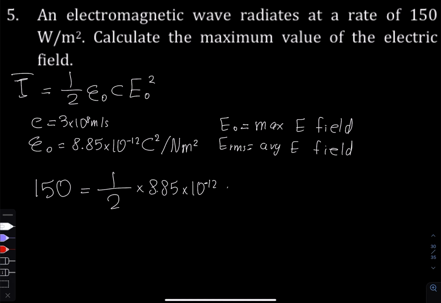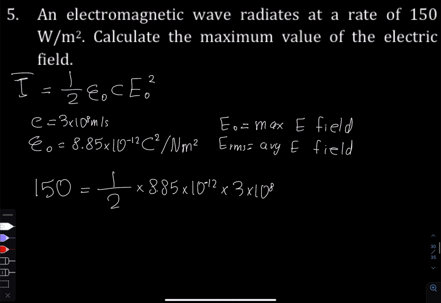And then we have the speed of light. And then we have the maximum electric field squared. So you can then solve for the maximum electric field and get the answer because that's what they're asking for. So this is just a little calculator skill here.